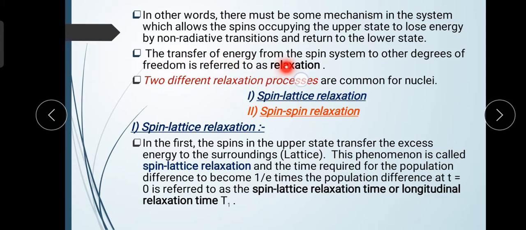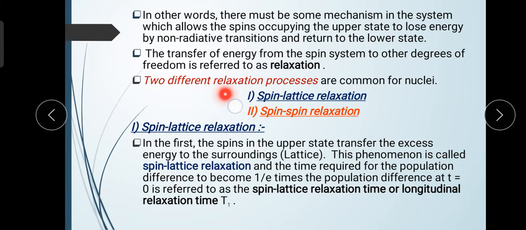The transfer of energy from the spin system to the other degrees of freedom is referred to as relaxation. That means the atom gets relaxed again to its ground state, but there is emission or transfer of energy, and this process is done with the help of some mechanism, which is nothing but the relaxation process.